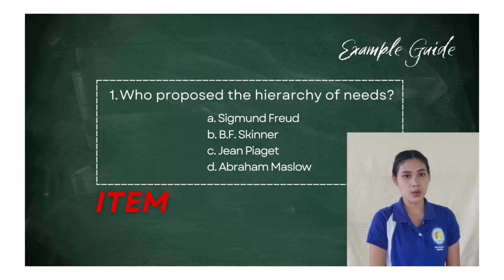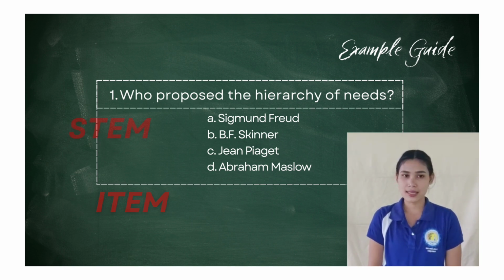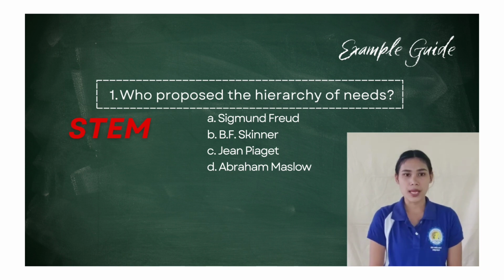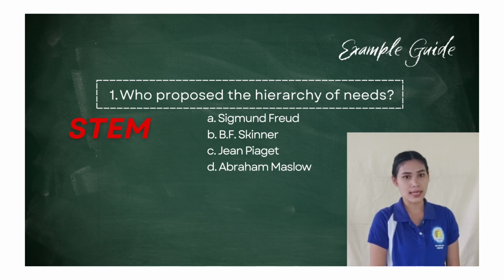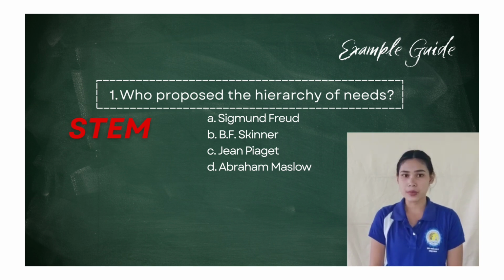Tests can feature all sorts of objective and subjective items. Next is stem. The problem or scenario that is stated in the test question is called the stem. An effective stem should present a definite problem in a form of question or a partial sentence.